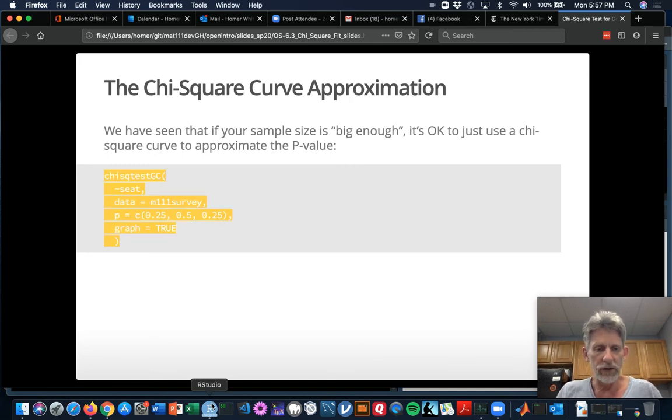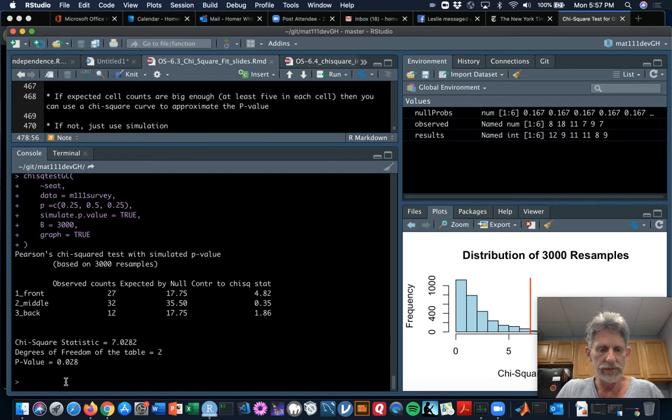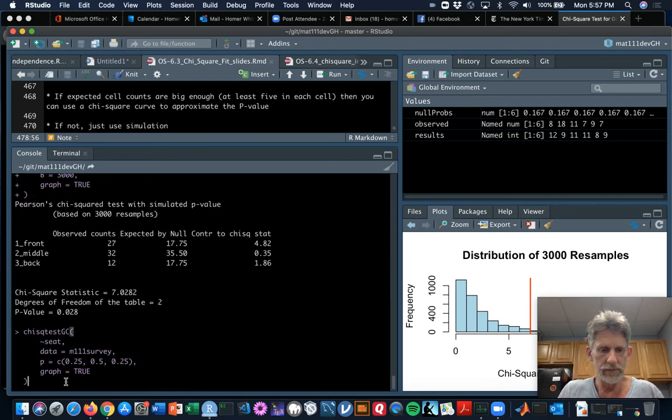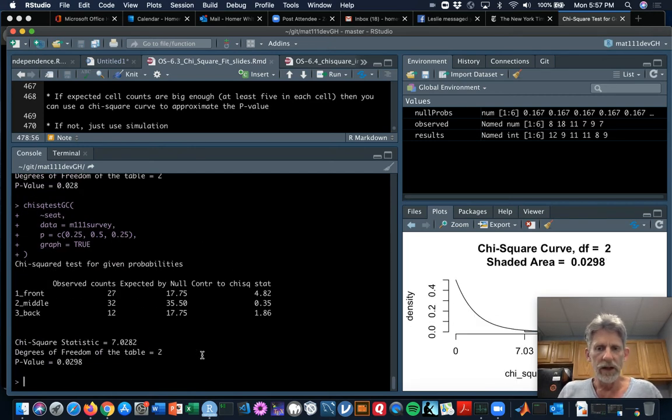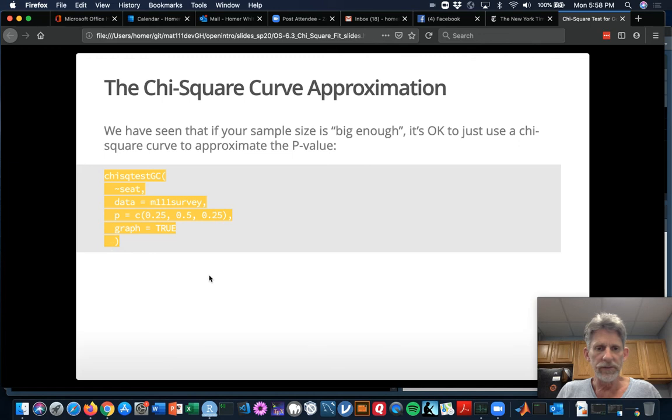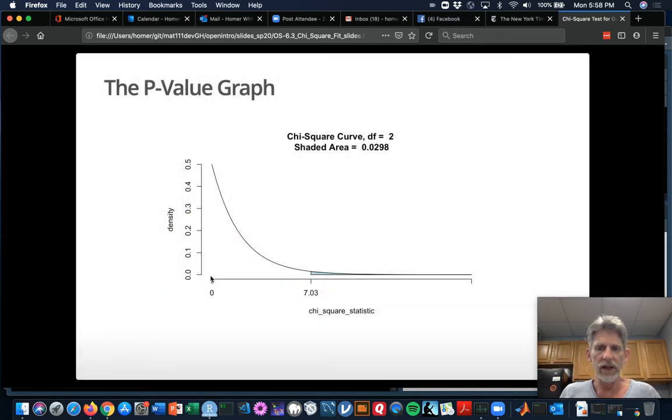So we try it out over here in our studio. And heading back to the slides to analyze it, all of the output in the console is the same, but the p-value is being gotten by this graph you saw in the window.